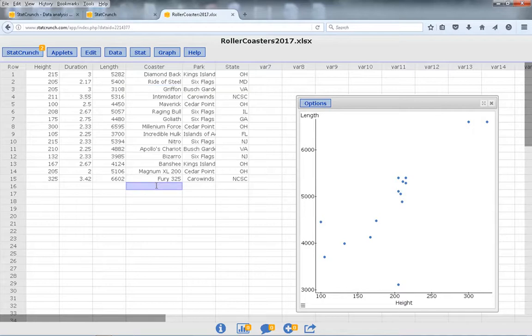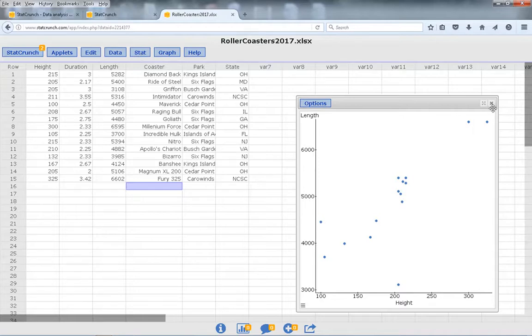So they made a fun ride, but it was shorter, or maybe the way it was constructed, it had a decent size, 205-foot height, but yet maybe it moves a little bit slower for some reason. So, reasons why things seem to stand out is a different question than whether you should fit a line or whatever. But let's go ahead and fit a line through here and see what it looks like.